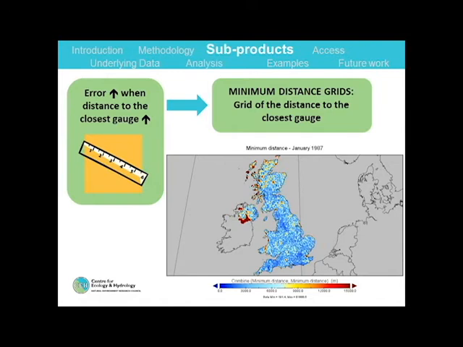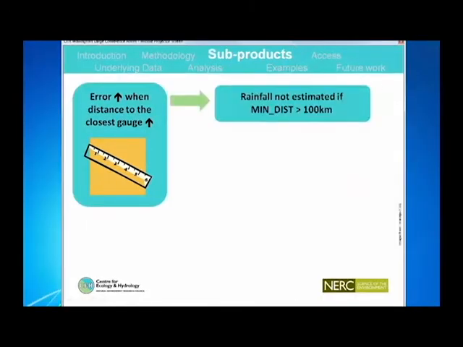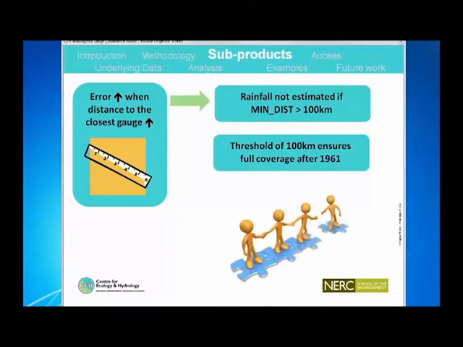Another consequence of this observation is that we've decided not to calculate the rainfall above a given threshold. And we've set that threshold to 100 kilometers, which can seem very high still. But the reason why we've done that is because we wanted to ensure full coverage after 1961.